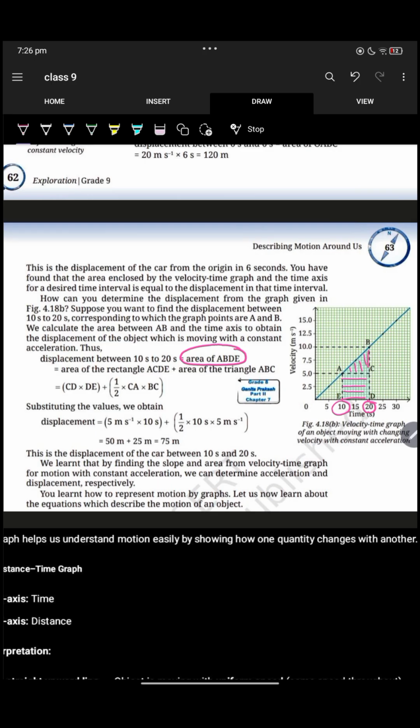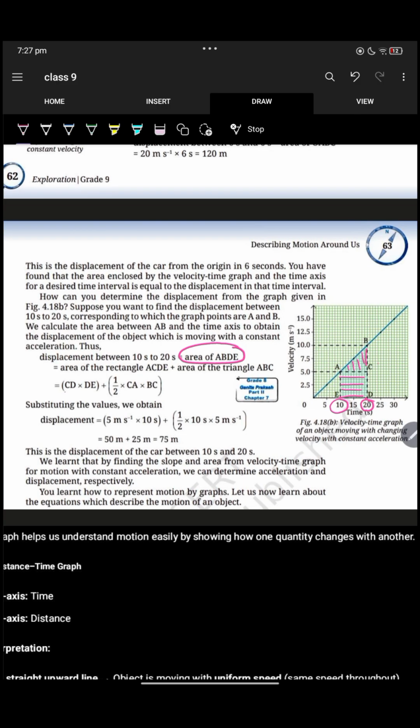If I separately find the area of the triangle and the rectangle and add them, then I will get the area ABDE, the total area. So area of the rectangle is the product of the two adjacent sides, and area of triangle is half into base into height.